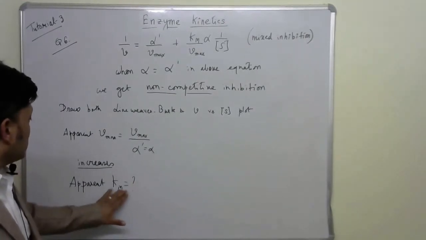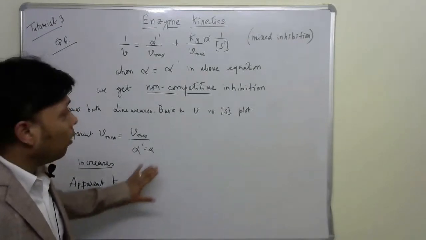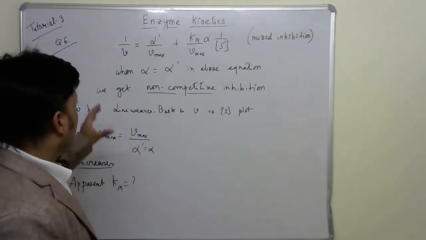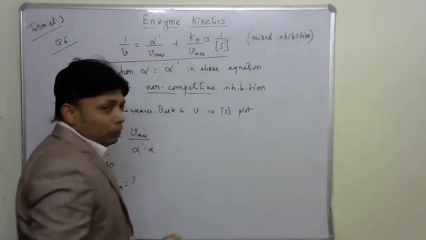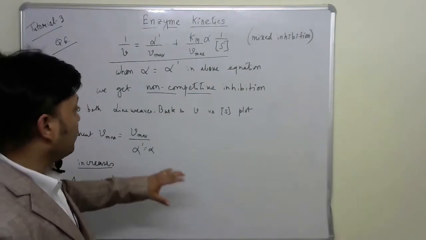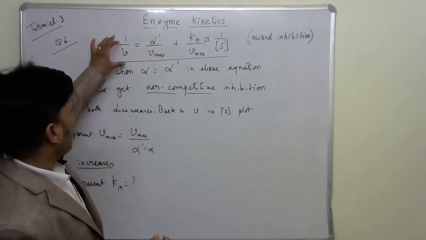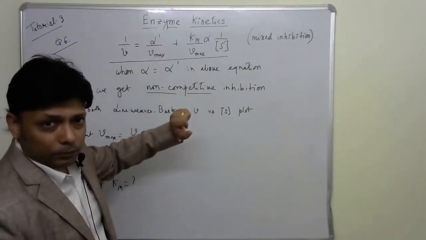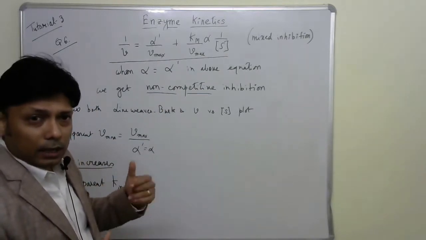Now the question is, what would be the expression for apparent Km? Although this is not very clear from here, how do we get the value of apparent Km? Once again, we take this equation and do the same thing as we did for uncompetitive inhibition. We put 1 over V equal to 0 and solve for the S value, and that will give us the value for Km.